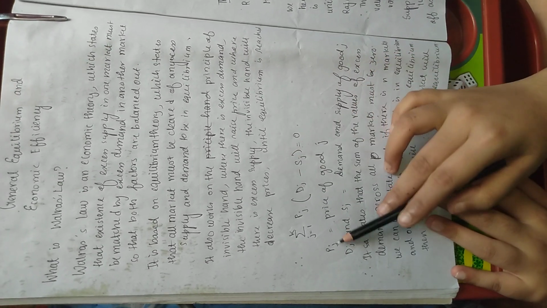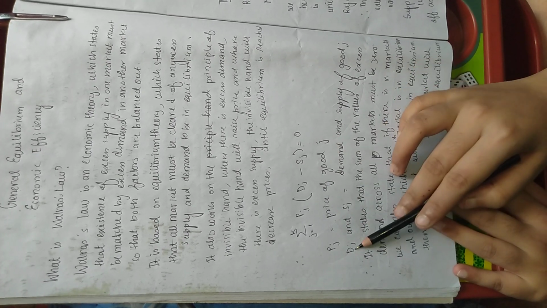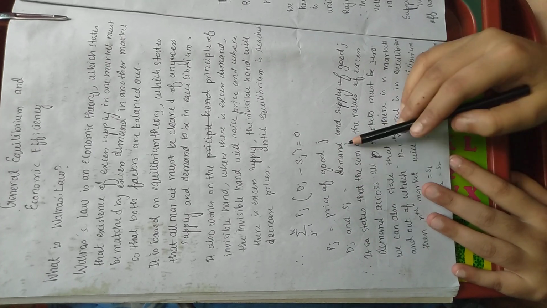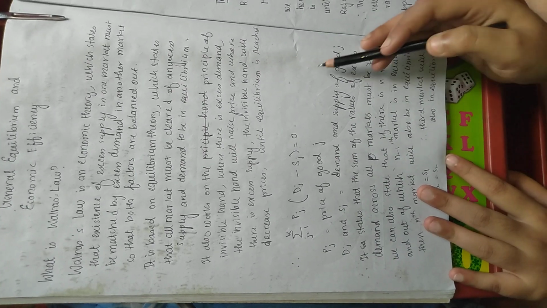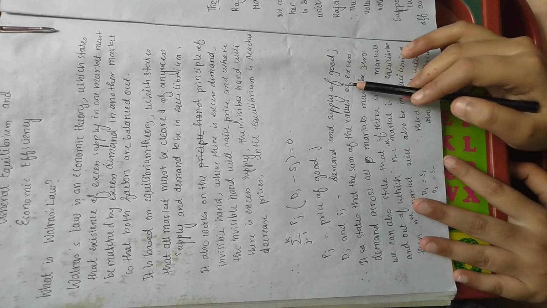PJ is the price of good J, and DJ and SJ are the demand and supply of good J.